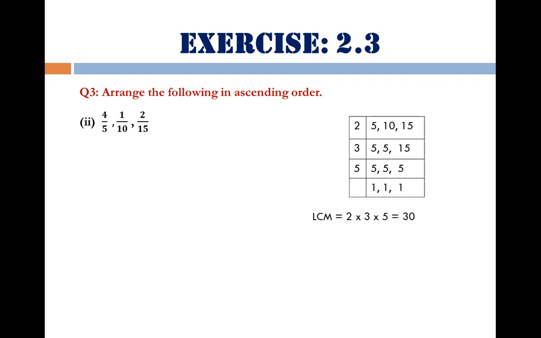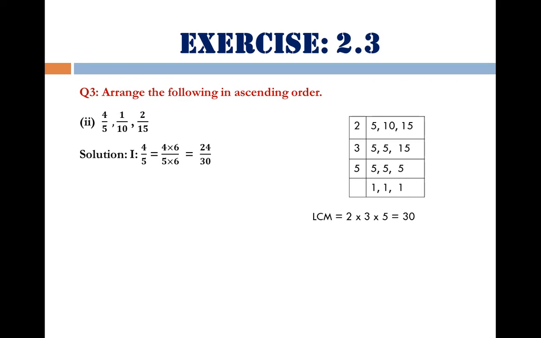This means we will convert here each given fraction into denominator equal to 30. Starting with the first, 4 over 5 can be converted by multiplying both places with 6. So we have 4 6s are 24, 5 6s are 30. Now 4 over 5 becomes 24 over 30.